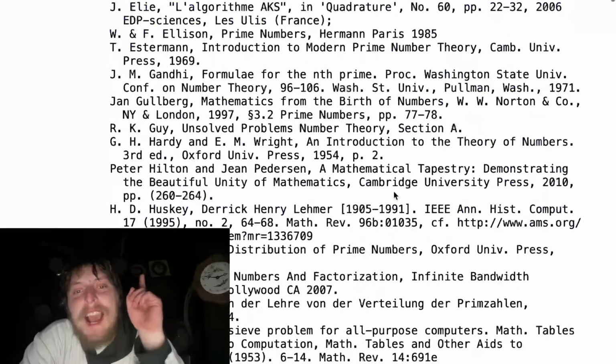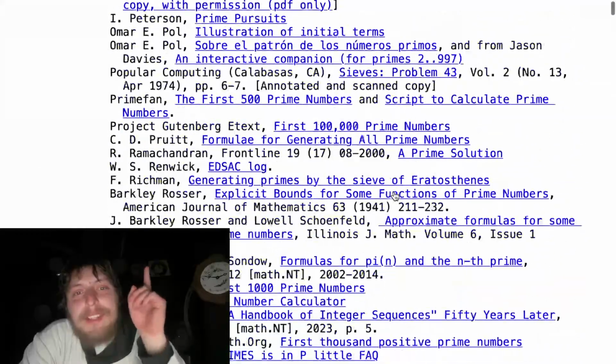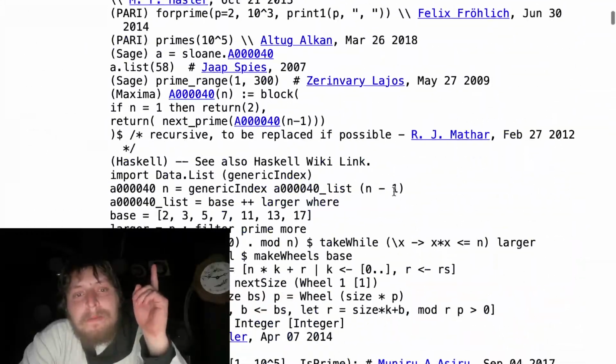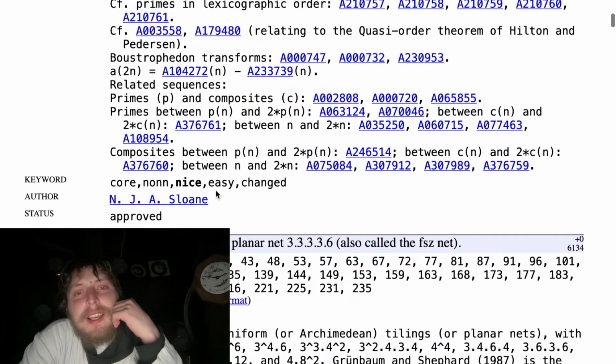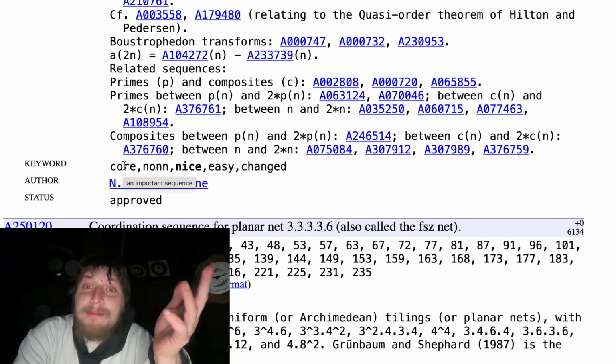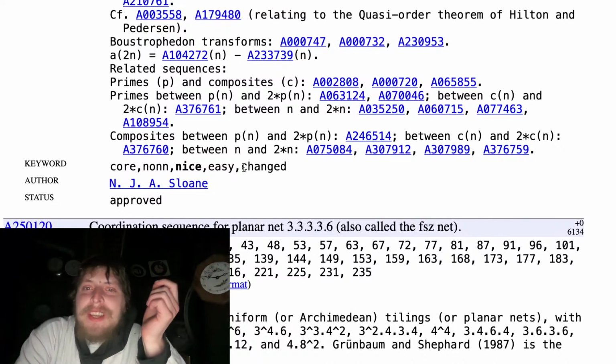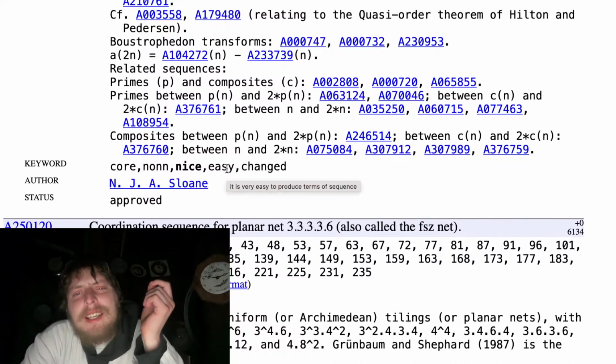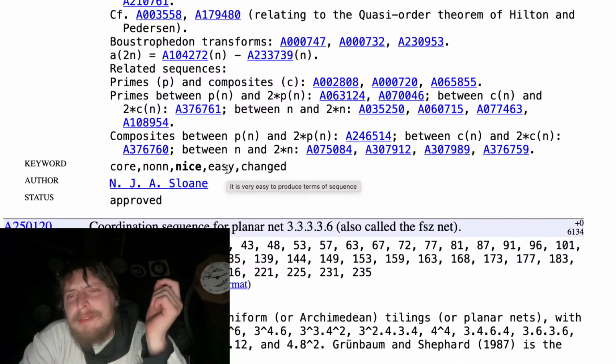But if we look at the tags of the prime numbers, the keywords, we will find it also is a core sequence. No surprise, the prime numbers are quite important. For some reason, they're calling it easy, which means it's very easy to produce terms of the sequence.